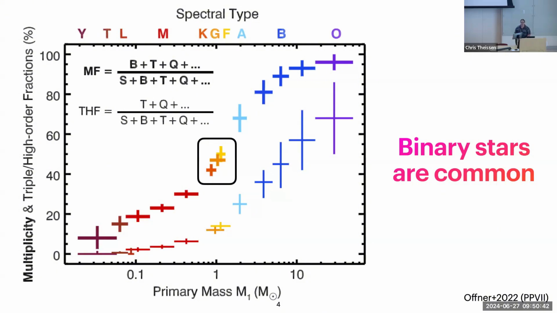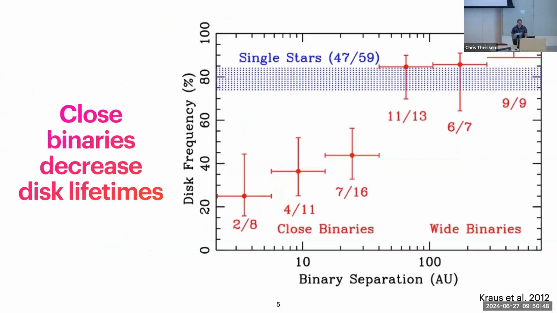Some of the things that we know about planet formation in binaries actually come directly from observations of circumstellar disks. For example, one of the things we know is that close binaries actually decrease disk lifetimes. This is a plot showing disk frequency in the Taurus star forming region, which has an age of 1 million years, against binary separation.